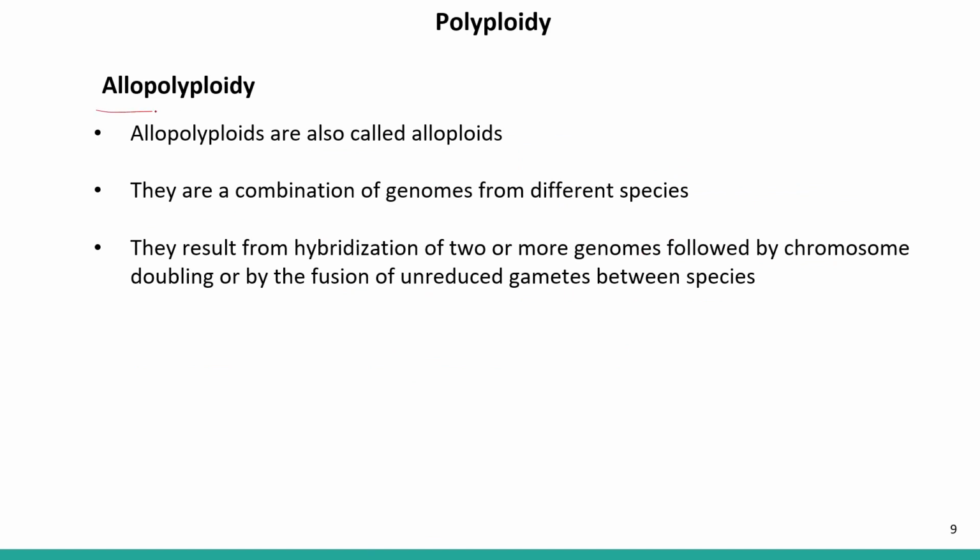Now, we will discuss allopolyploids. Allopolyploids are also called alloploids, and they are the combination of the genomes from different species.